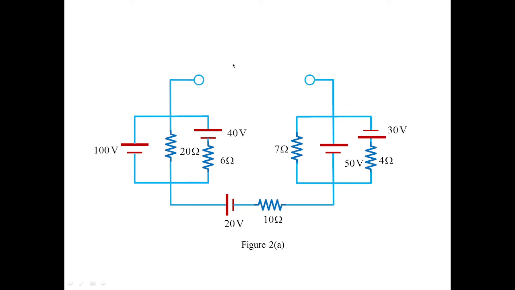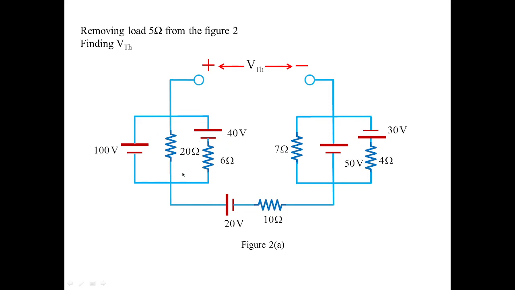I have removed the load from the given circuit and I'm going to find V Thevenin. V Thevenin is supposed to be obtained at these two particular points. Now, careful observation you have to make in this problem. See here, the positive sign is assigned to this particular branch, which is open circuited at this terminal. Now this goes to this resistance 20. 20 is in parallel to 100 volts and 20 is also in parallel with 40 and 6 ohms in series.